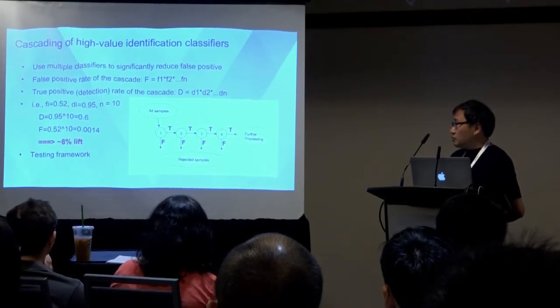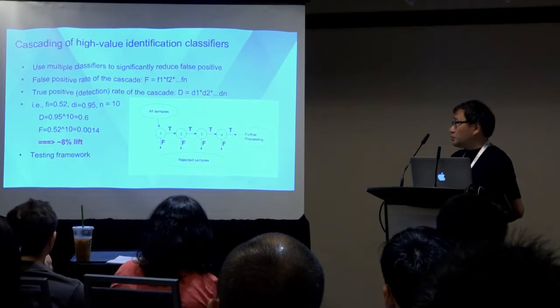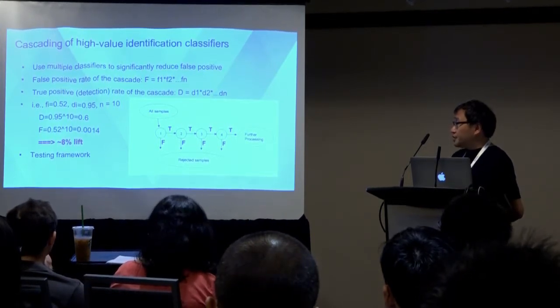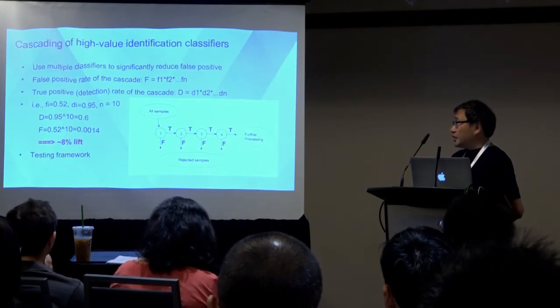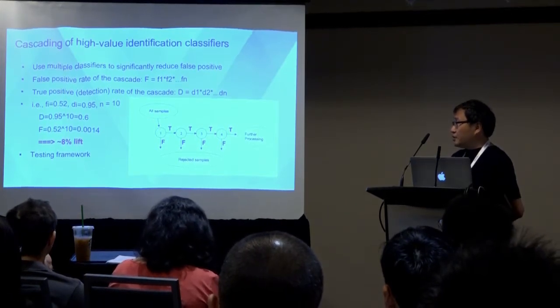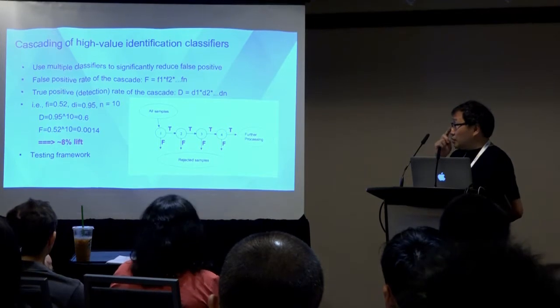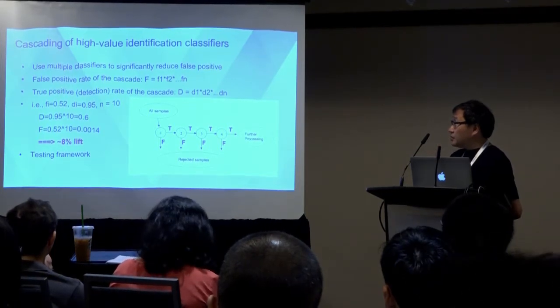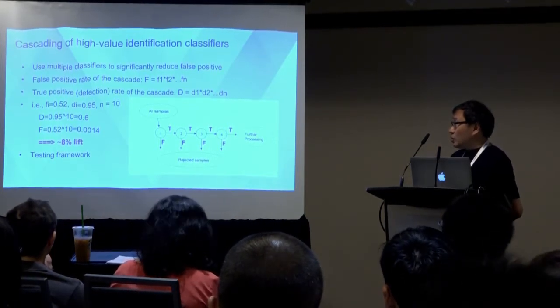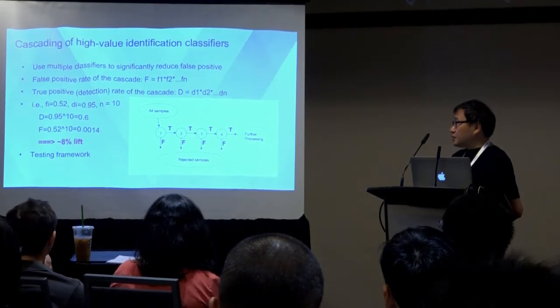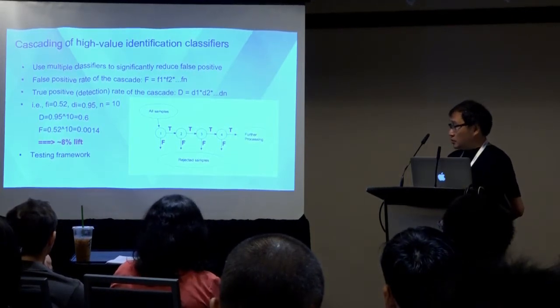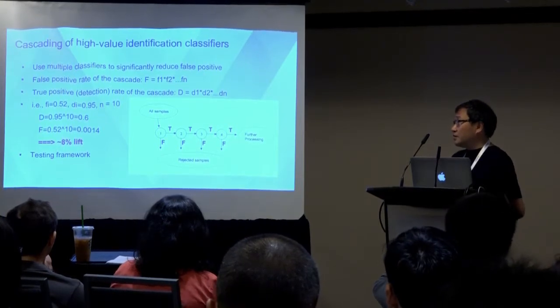So what we want to do here is build a set of cascades. Each individual node is a boosting algorithm, and we play with the false positive and the false negative rate, and we want to make sure that after several classifiers are concatenated together, we get a very low false positive rate.